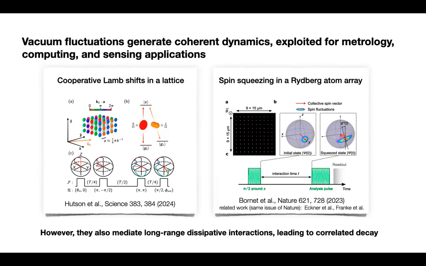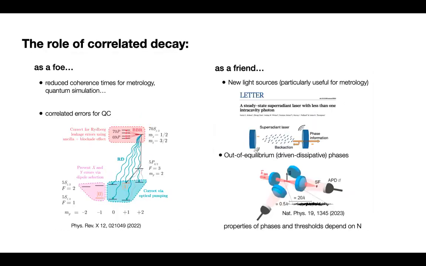And if you have many particles, this decay is going to become correlated, or has the potential for becoming correlated. If you think about the role of correlated decay, you can think of it as a terrible thing that you have to avoid by all means, or it can be something awesome. So let me tell you what the two sides of this coin are.